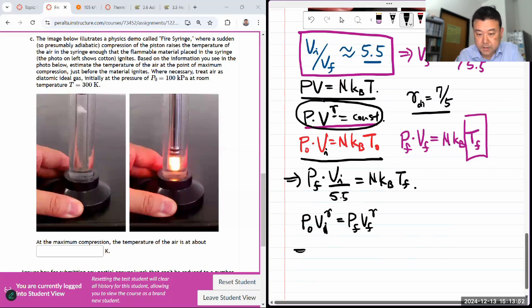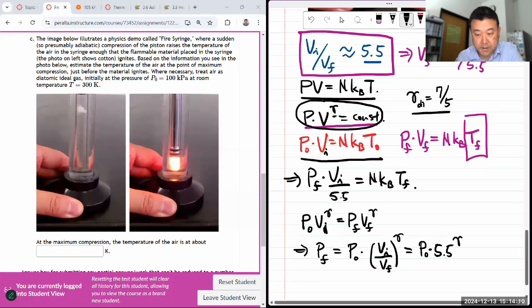So P final will be P initial times V initial divided by V final raised to gamma, and this ratio I already know. It's 5.5. So it's P naught times 5.5 raised to gamma. I can plug this P final into here, and I still have to deal with V initial, but I think I can do it.